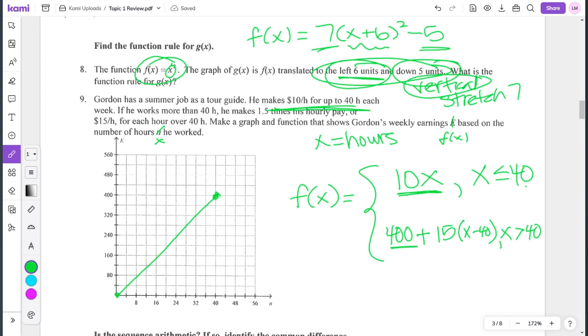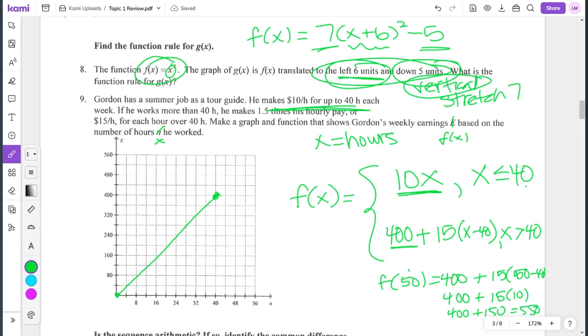So let's say he works 50 hours, right? So he gets 10 hours at $15, it's 150. So I'm making a t-chart and finding f of 50. So 400 plus 15 times 50 minus 40, 400 plus 15 times 10, 400 plus 150 is 550.